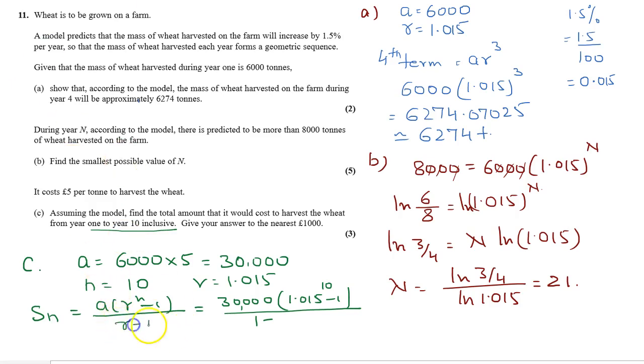So r minus 1 is 1.015 minus 1. So that is equal to 321,000. So that is the answer for this.